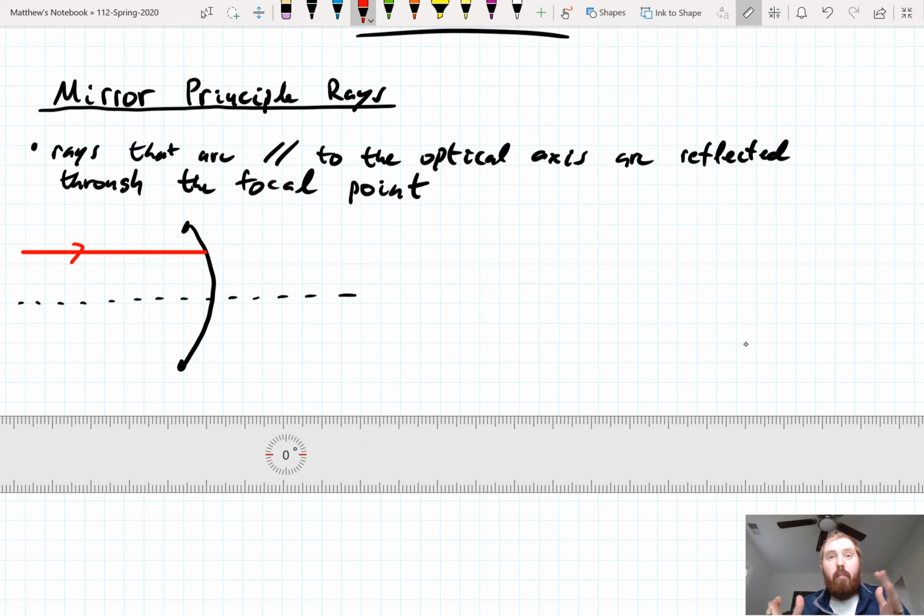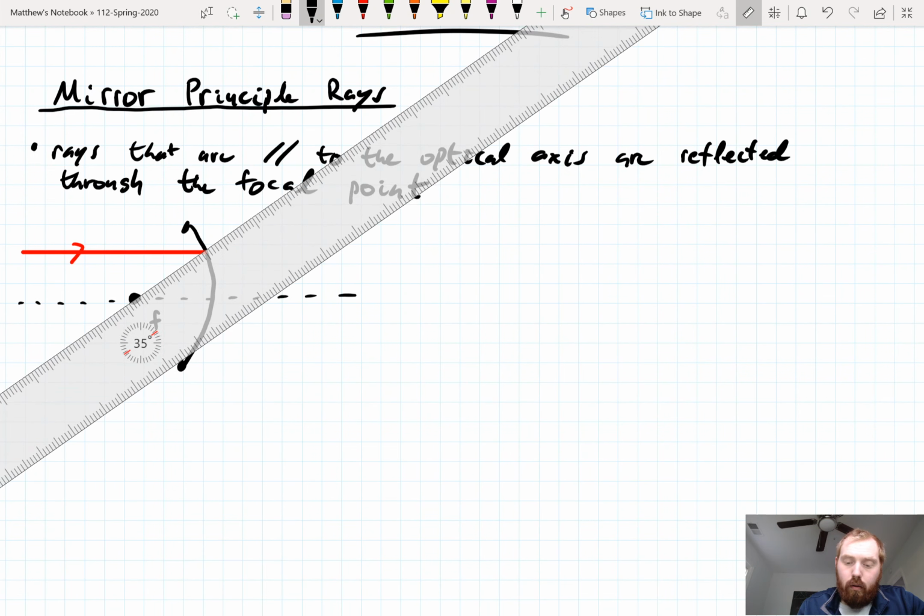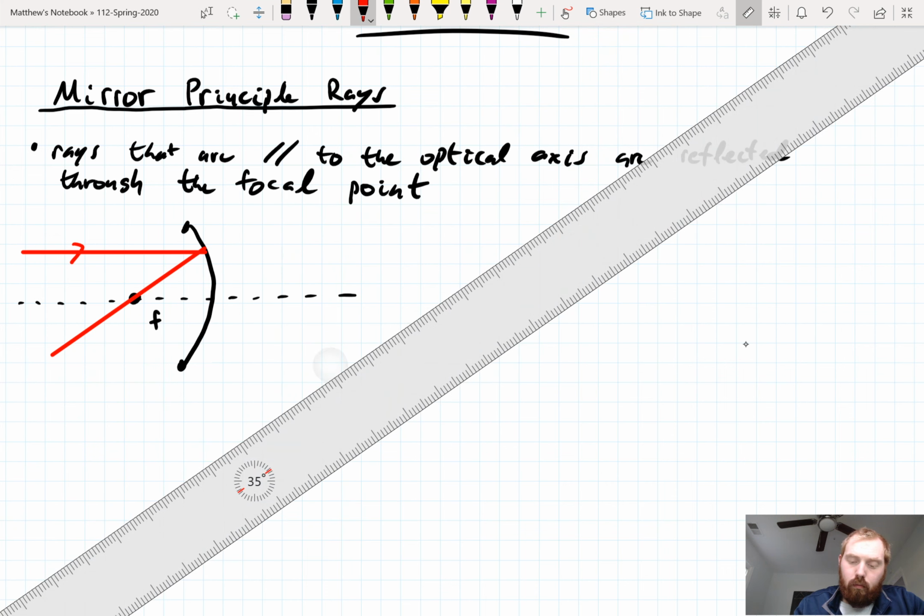It's going to hit the mirror, and then it has to bounce off. Well, I identify the focus. This mirror has a focus there. Then send the ray just straight through the focus. And so that ray reflects like that.